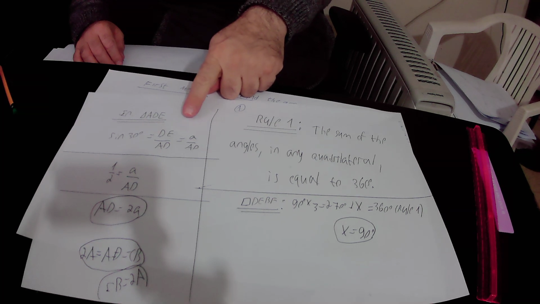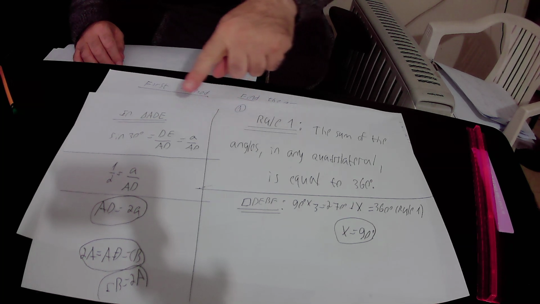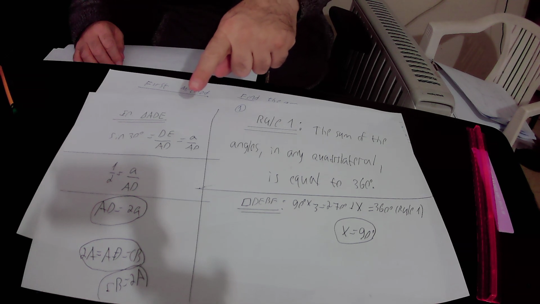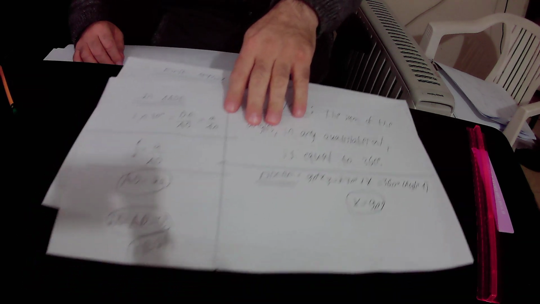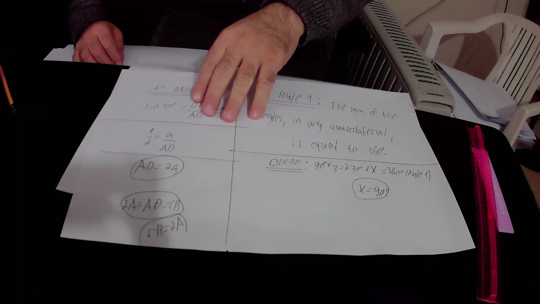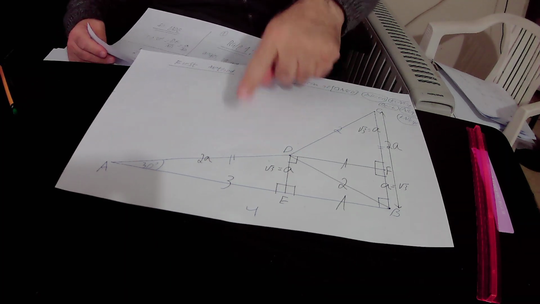We define DE as A, so we can substitute DE by A. Sine 30 degrees equals A over AD. Sine 30 degrees is 1 over 2, so we got that 1 over 2 equals A over AD. We just multiplied this equation, and we got that AD equals 2A.